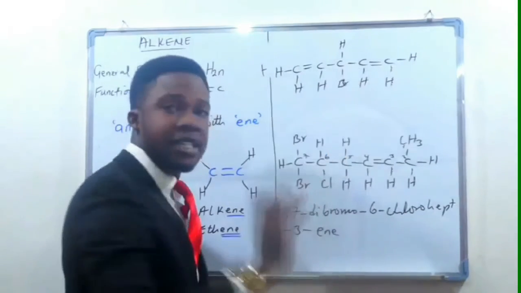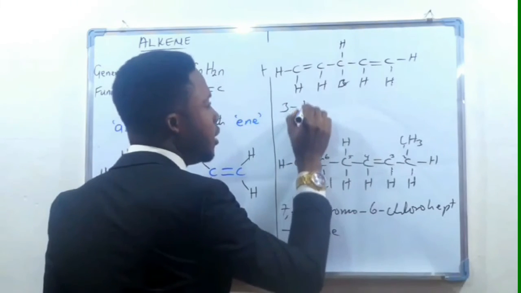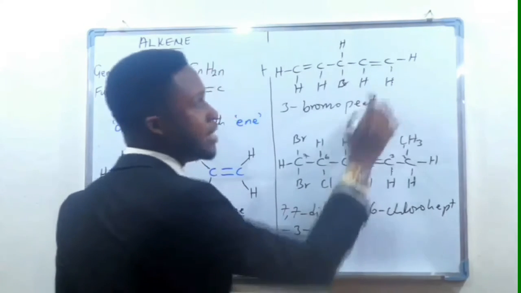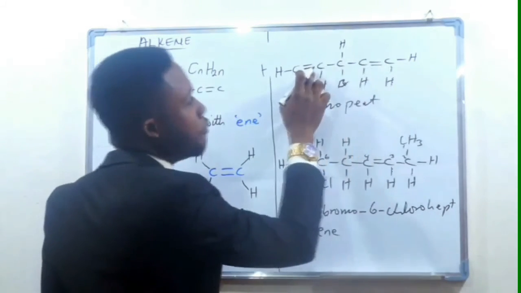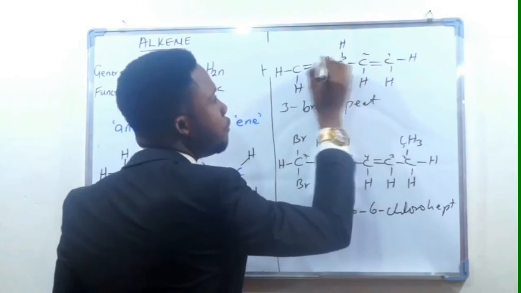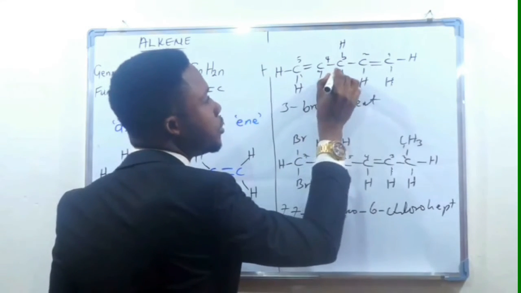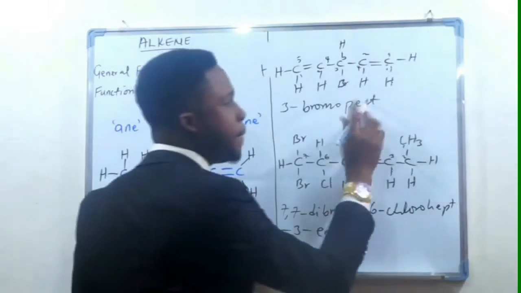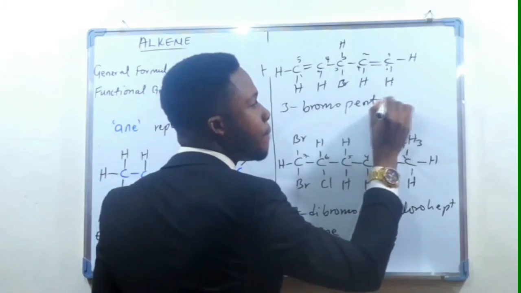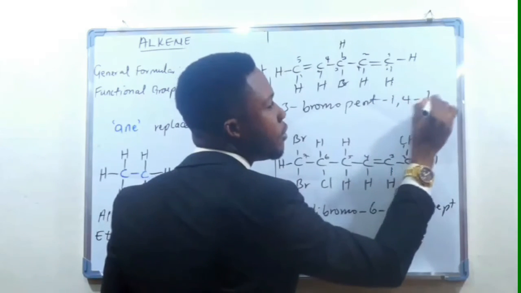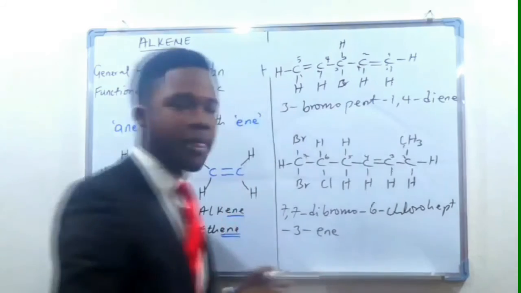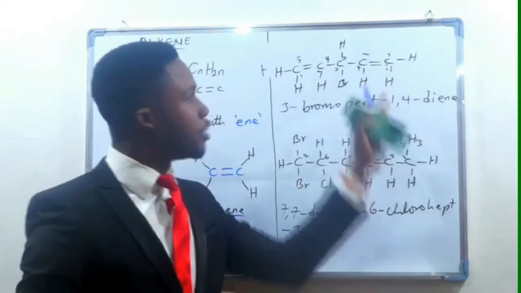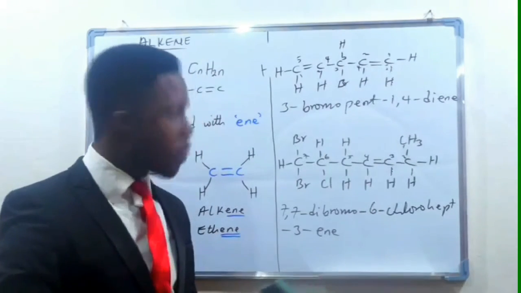And at carbon 3 there is a bromine, so this is 3-bromo-pent, with double bonds at carbon 1 and at carbon 4. 1, 2, 3, 4, 5, or 1, 2, 3, 4, 5. 1 and 4 contain the double bond, so this is pent-1,4-diene. 3-bromopenta-1,4-diene. 1, 4 showing us the positions of the double bonds.